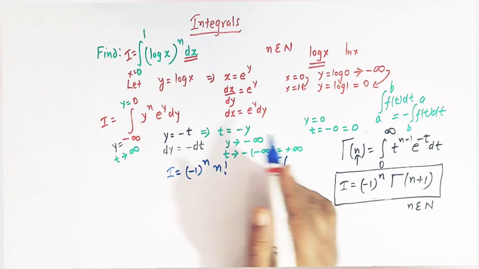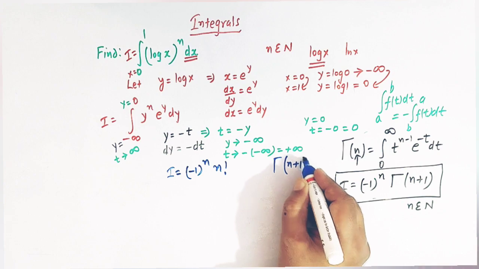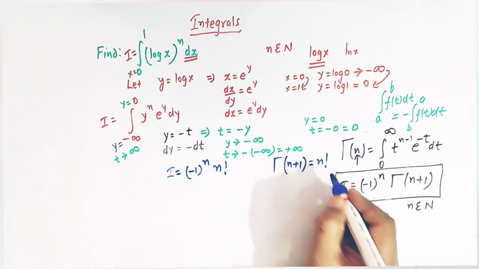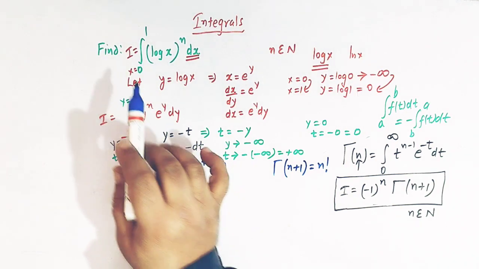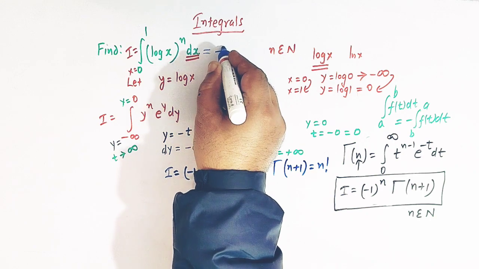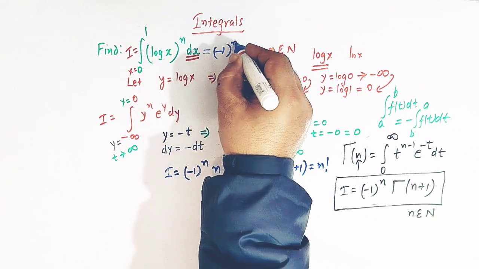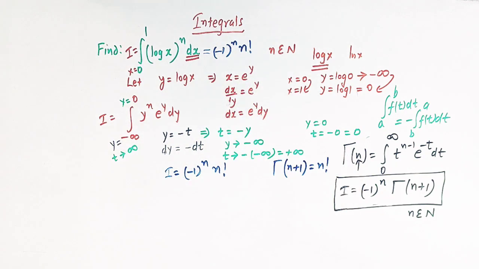Because when n is a natural number, then gamma of n plus 1 is equal to n factorial. So now we can write the value of this integral equal to (minus 1) raised to n times n factorial, where n belongs to the set of natural numbers.